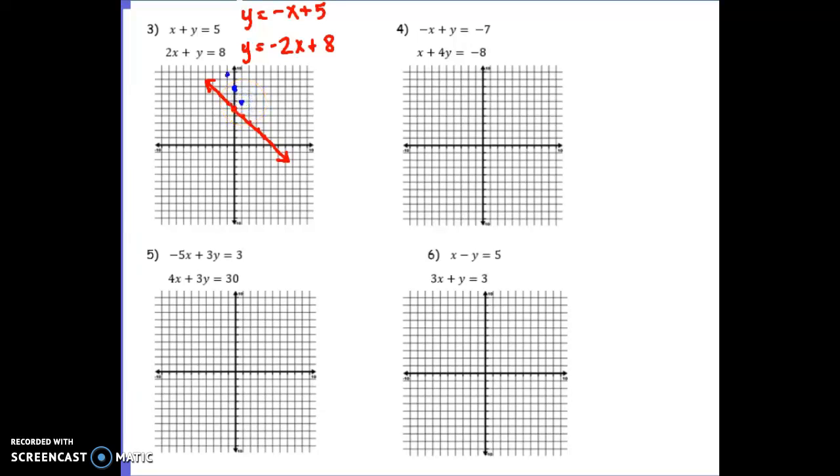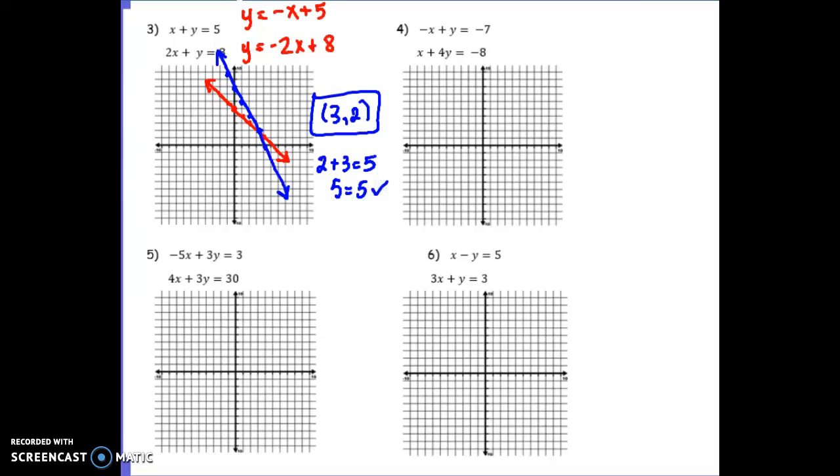It looks like I'm going to intersect right here at (3, 2). So the point where I intersect is (3, 2). I'm going to check it. For my check step, my x is 3 and my y is 2. 3 plus 2 is 5. Yep, that one works.